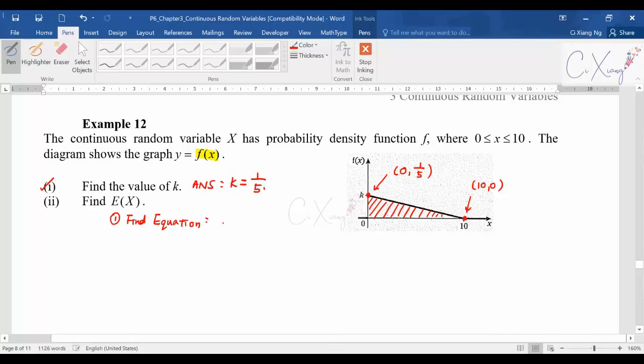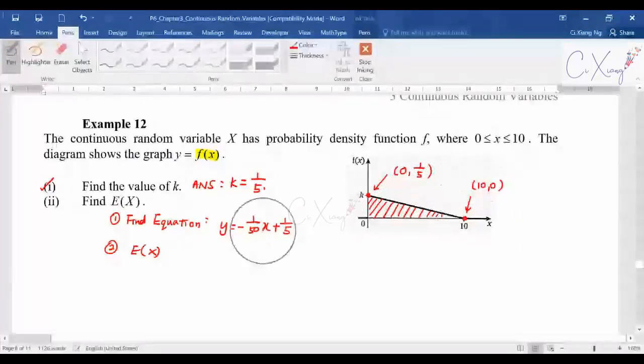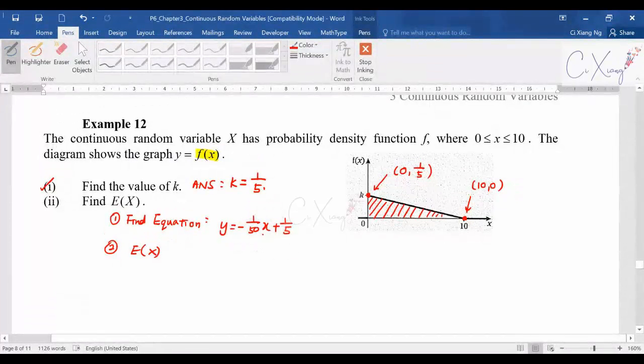So I just want to tell you that the equation should be y equals to negative 1 over 50 x plus 1 over 5. And then after that, when you want to get the answer for E(X), you need to integrate this equation, multiply with x. Okay, and then from where until where? From 0 until 10.